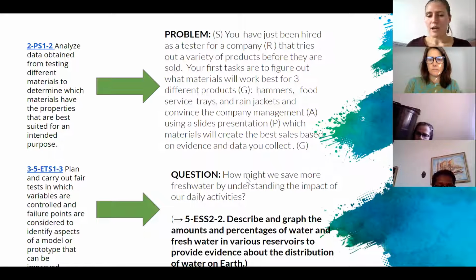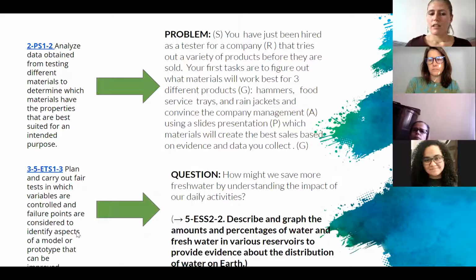And then a how might we question down on the bottom. I mentioned that how might we is basically setting the stage for lots of possible answers. You can really connect engineering, the ETS engineering design standards, to any content. So if we were looking at, in 5th grade, ESS 2.2, where they've already looked at percentages of water, different types of water found in reservoirs around the world, the distribution of that, we might take that deeper by pulling in an engineering design standard and using a how might we question.